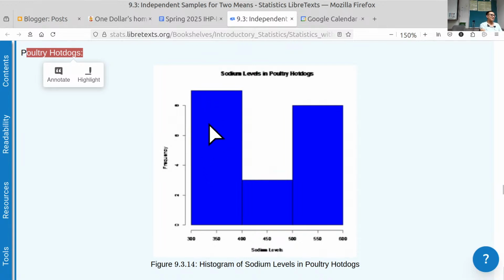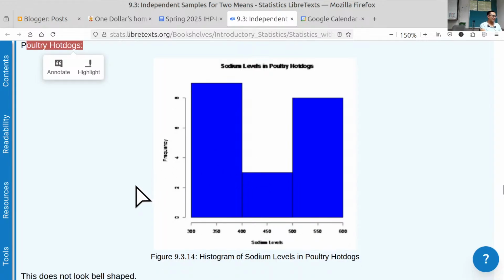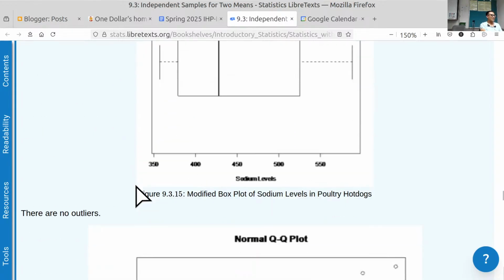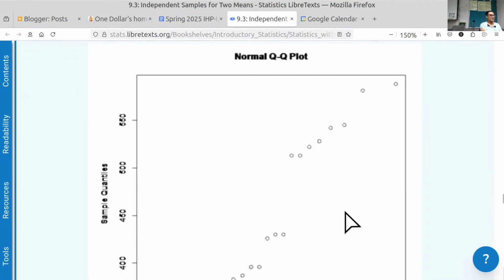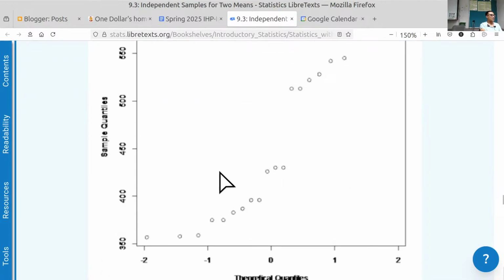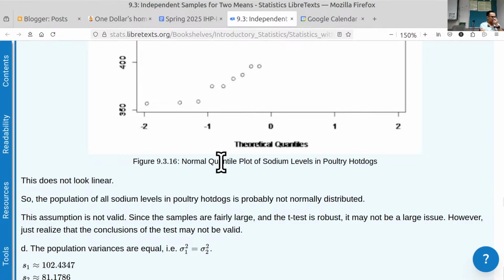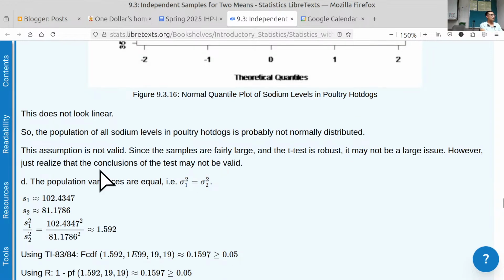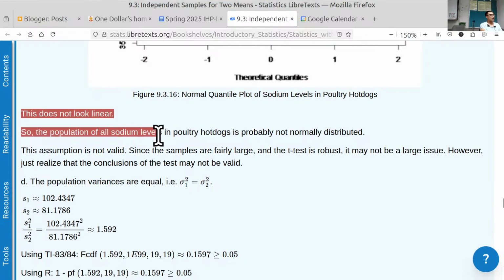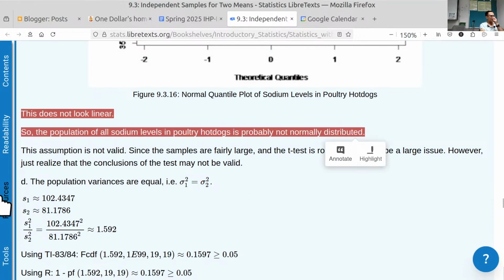Instead, it looks completely different. Very weird. You see? And this does not look linear, so the population of all sodium levels is probably not normally distributed.